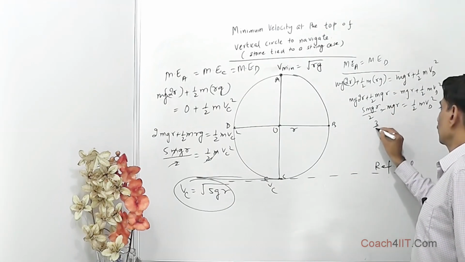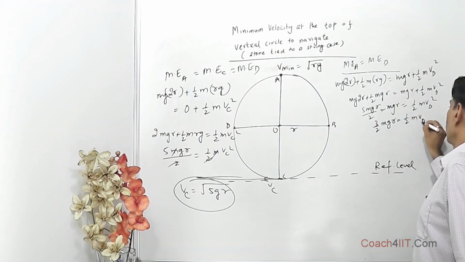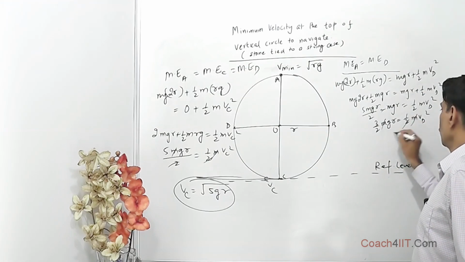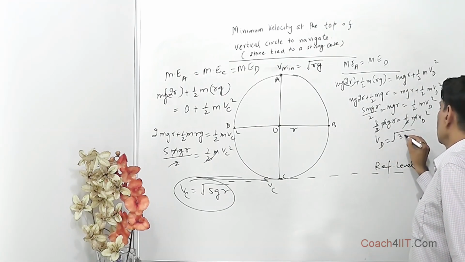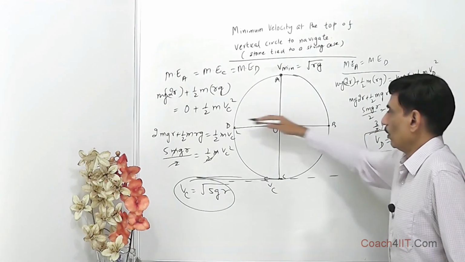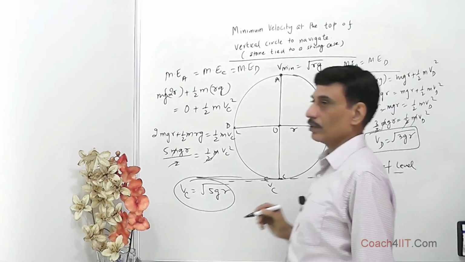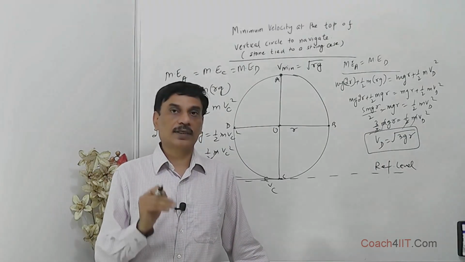So this is 3 by 2 mgr is equal to half m vd square. M and m get cancelled, 2 and 2 get cancelled, and vd comes out to be root 3 gr. So this is the minimum velocity at the horizontal level it should be having, so that this stone is just able to navigate the vertical circle of radius r.